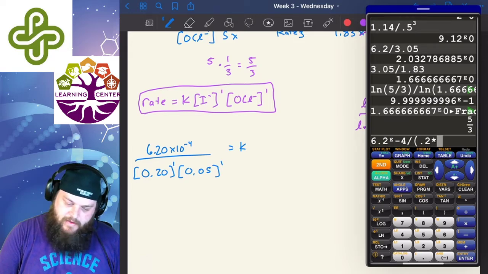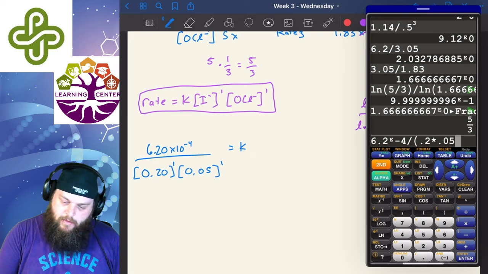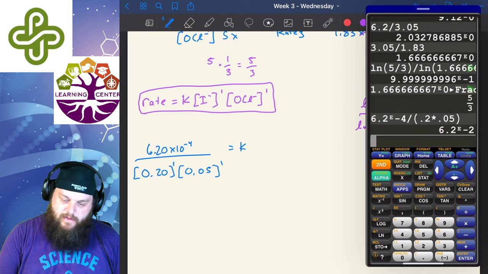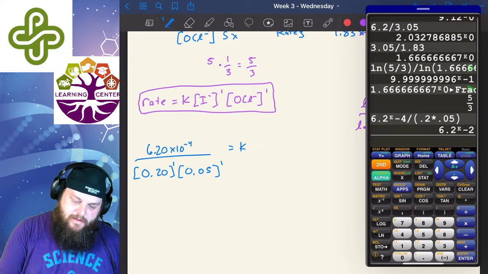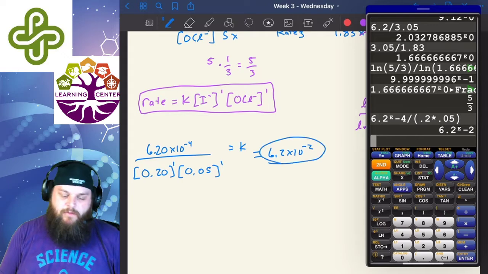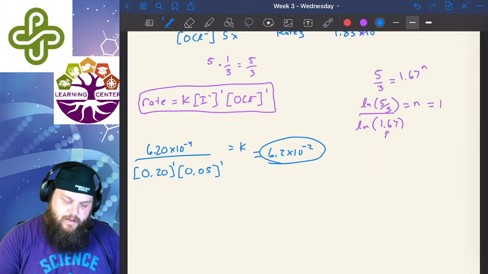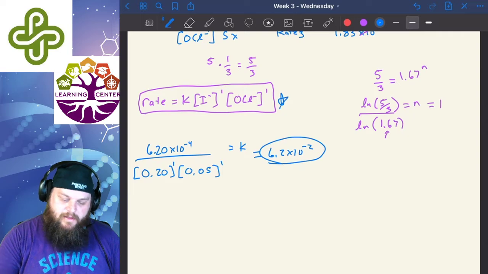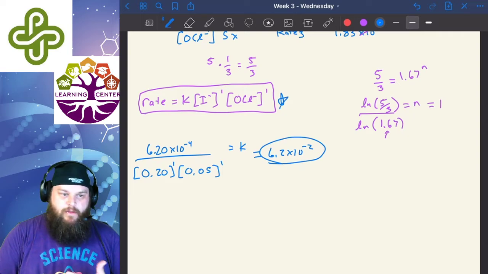Don't forget that parenthesis, because if you do, you'll end up multiplying the second value instead of dividing it. And that's equal to 6.2 times 10 to the negative 2. That's our rate constant. So we have the rate law up here, the rate constant down there, and we've solved for everything that we need.